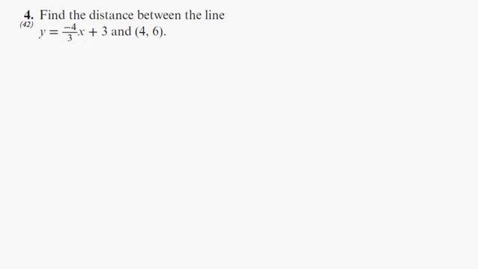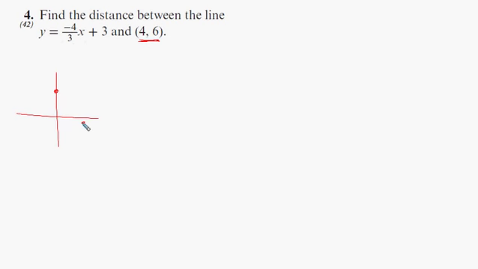So the very first thing I'm going to do is find the line that's perpendicular to the given line that also contains the point (4, 6). And before we do that though, I'm just going to give us a rough sketch of what's going on here. This line crosses at positive 3 and it has a negative slope, so it's going down 4 over 3.